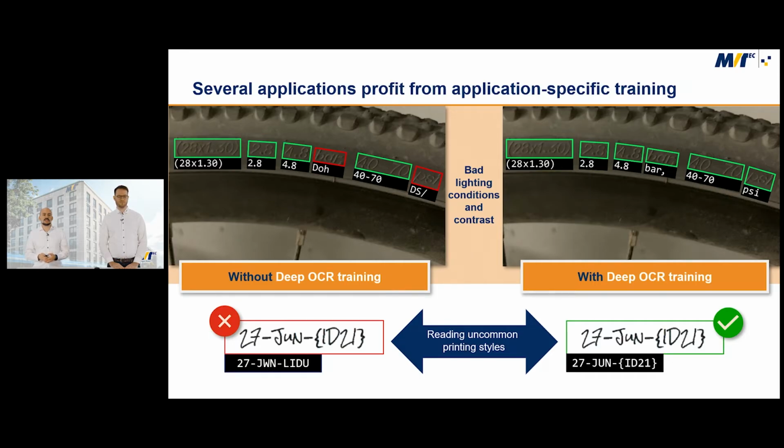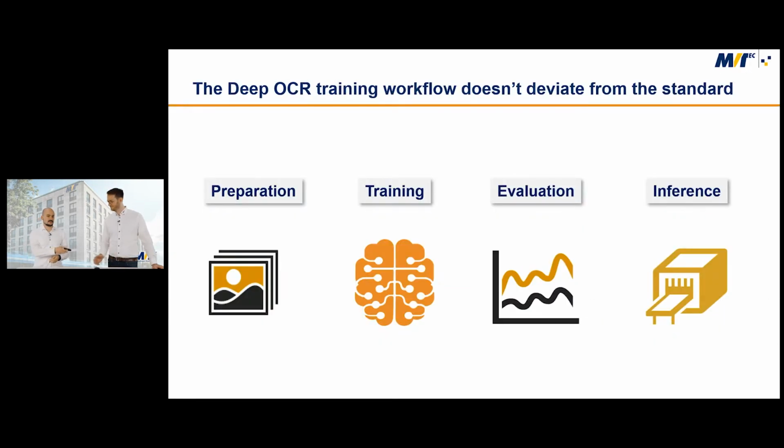And using the training for DeepOCR, now it's possible for you to train your application and get good results on such kind of applications. And how this is performed in detail, again, Peter will show you.